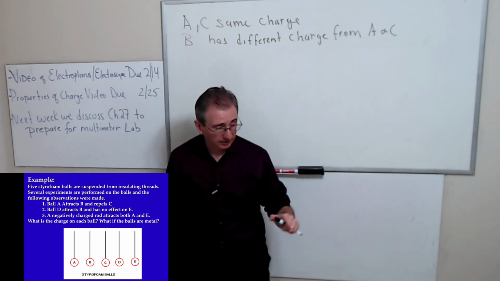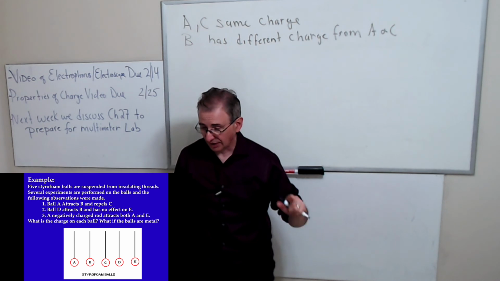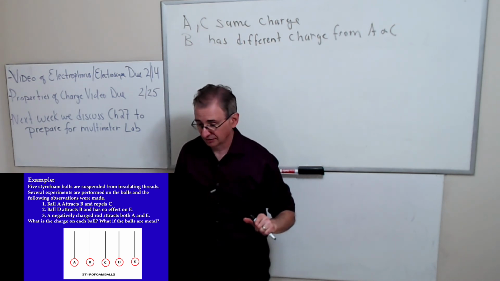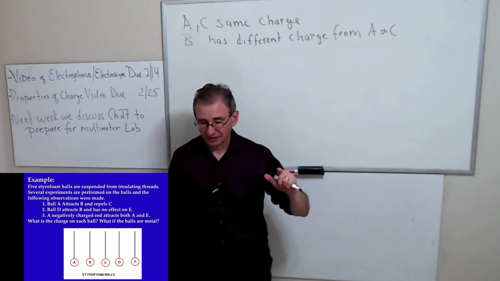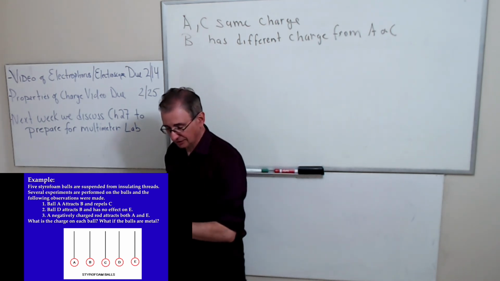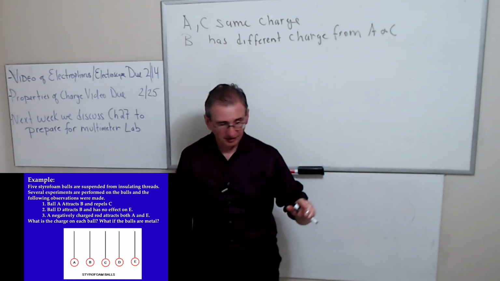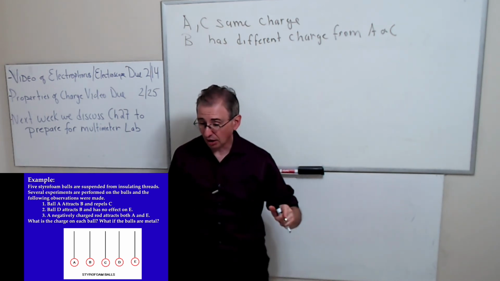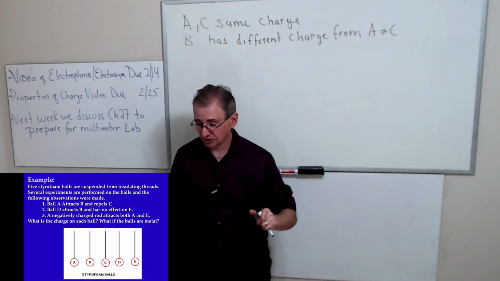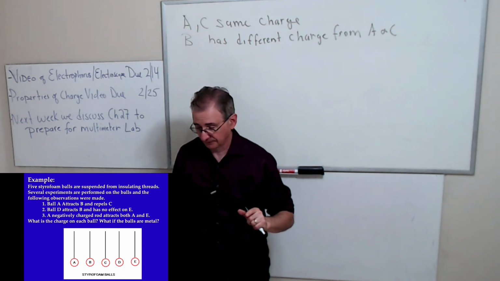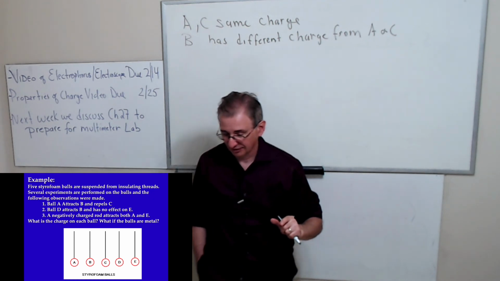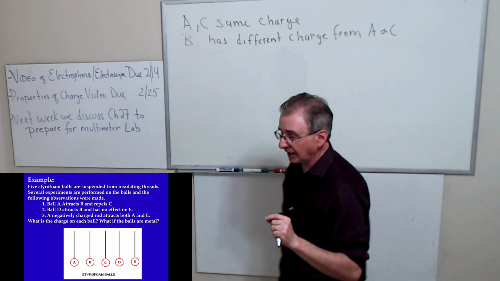Well, remember that in both cases, the object was uncharged, right? Yep. And whether it was metal or an insulator, the uncharged object is always attracted to the charged object. Correct? Yeah.